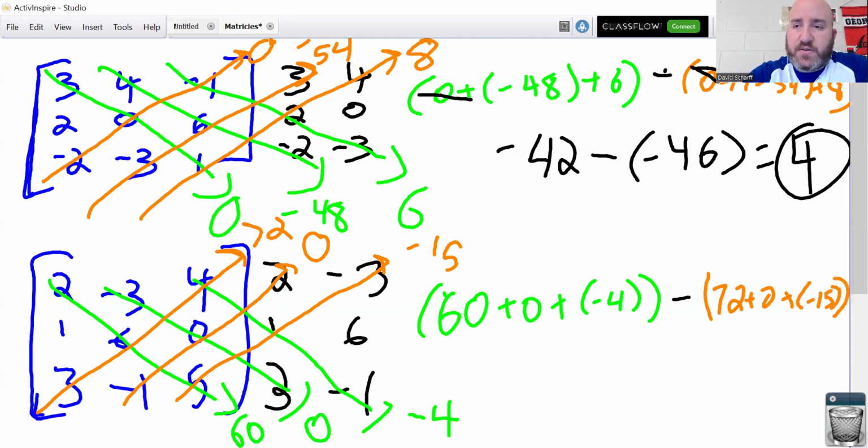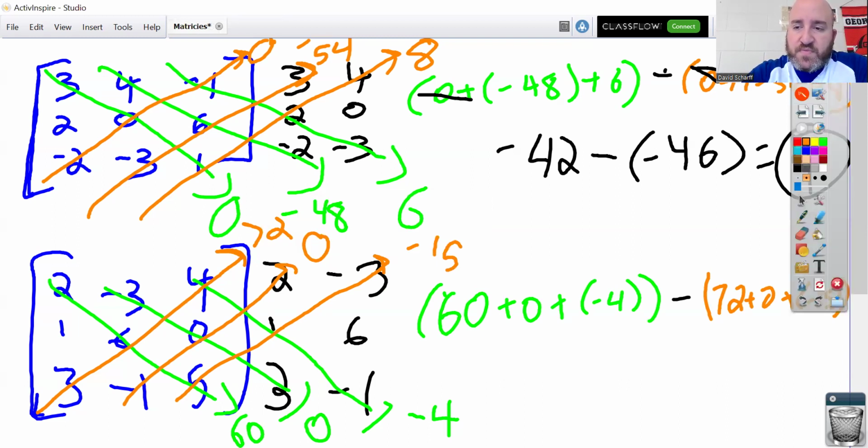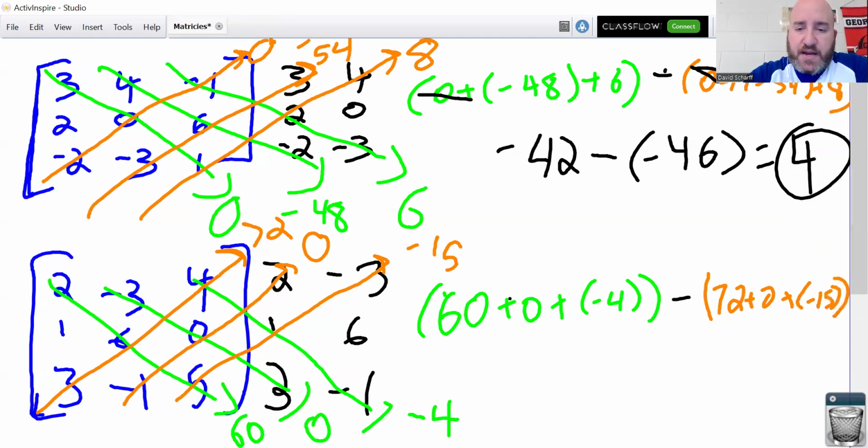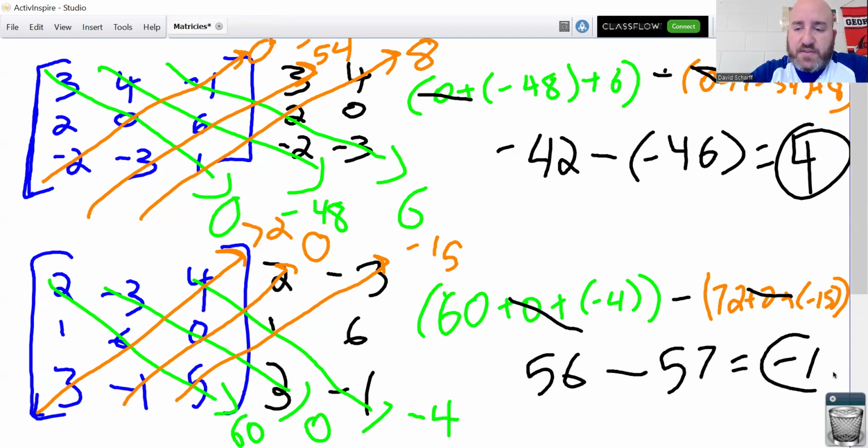I did get two parentheses in there. So again, both of them actually have a 0 in the middle, which you can basically cross out. 60 minus 4 is 56. Minus sign in the middle. 72 minus 15 is 57. 56 minus 57 is -1.